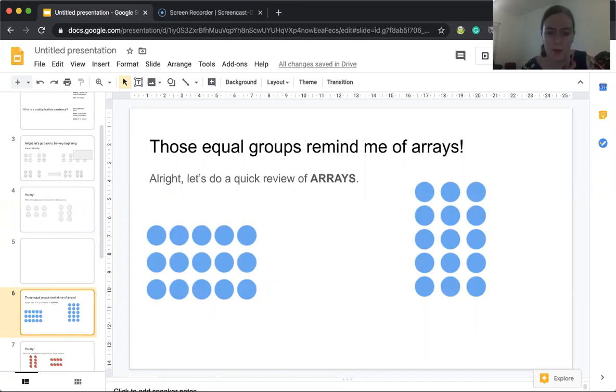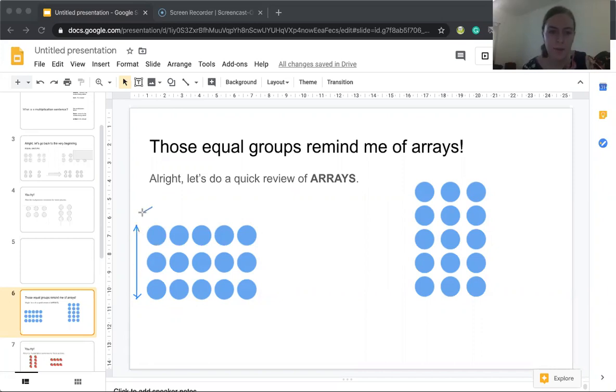So remember, when I look at an array, I like to think of it this way. This right here, my silly arrow, going up and down. Do you remember what that's called? That's called a column.